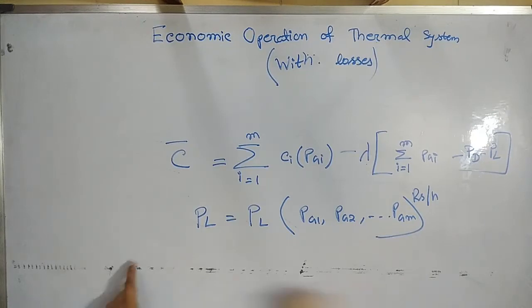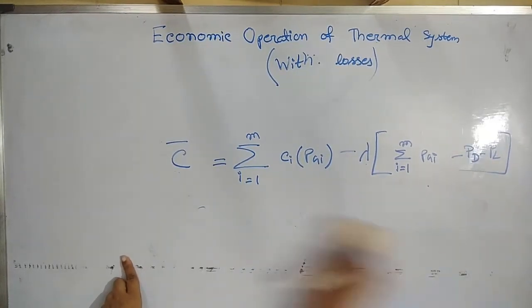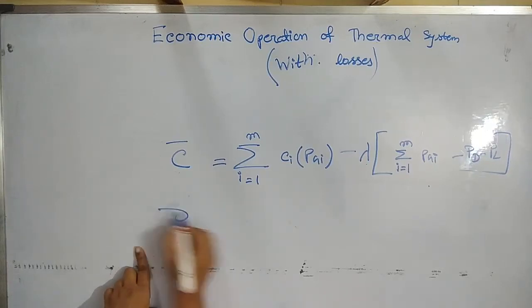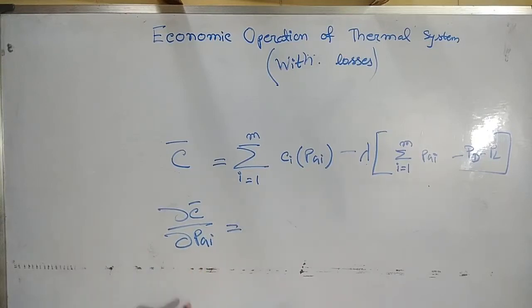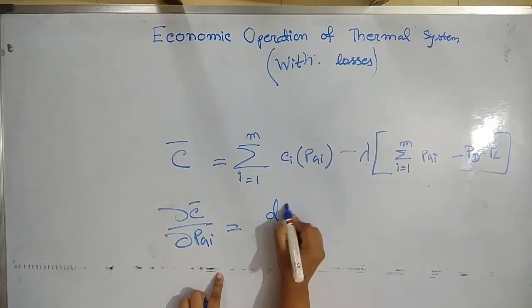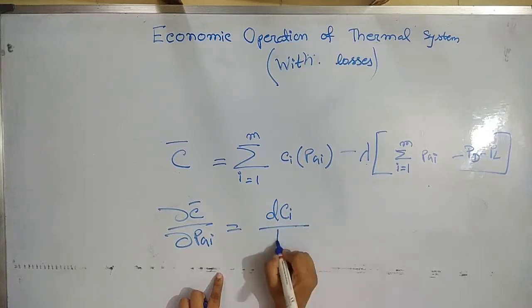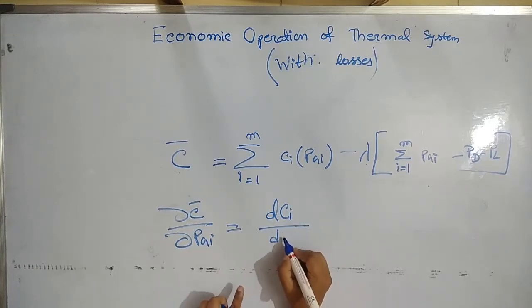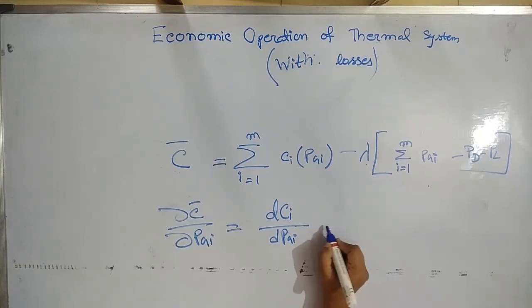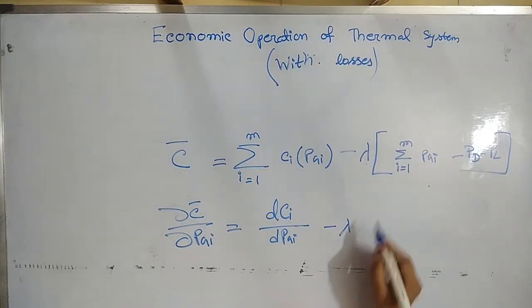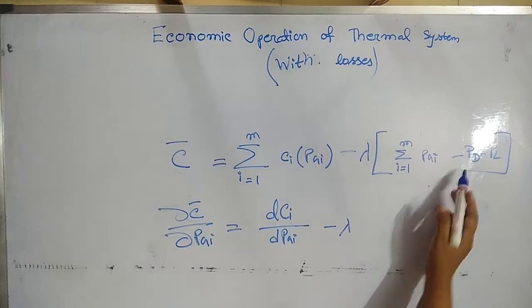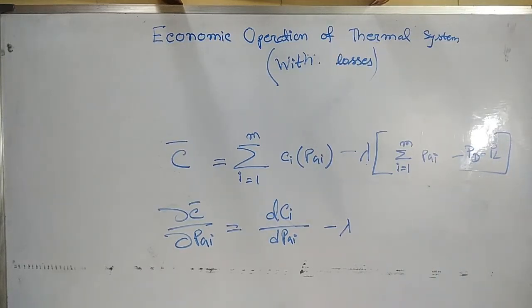So we write the derivative of C with respect to output power, minus lambda times the derivative of the constraint. As PD is constant, the derivative of PD is 0.